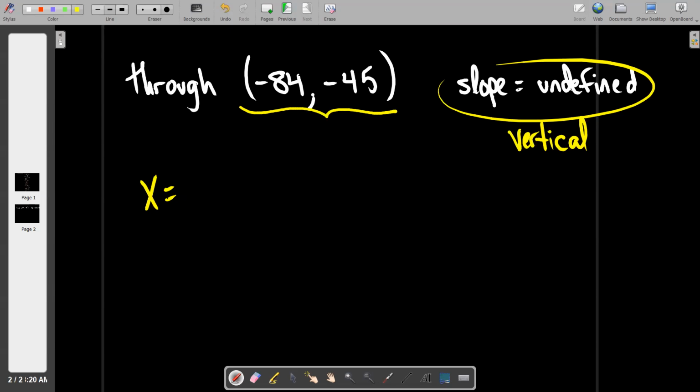Then every point on that line has the same X. That's what makes a line vertical. If all your X's are the same, you're vertical. So the answer is X equals -84. So if one point on the line is left 84, then every point on the line is left 84. That's what makes a line vertical.